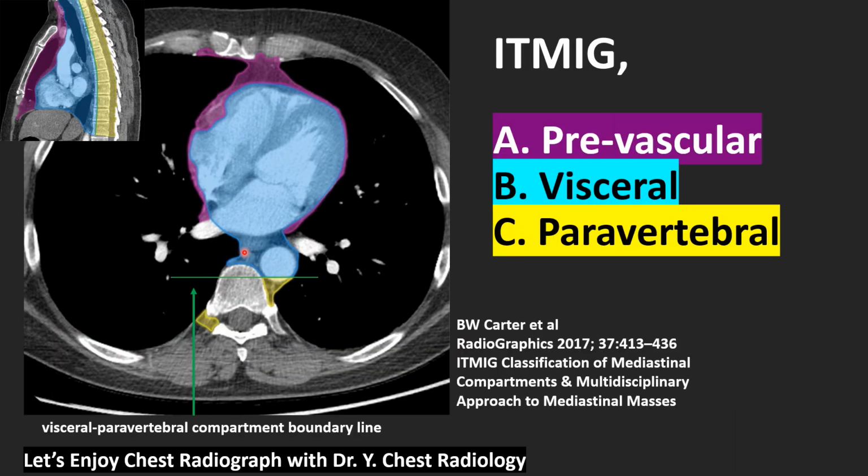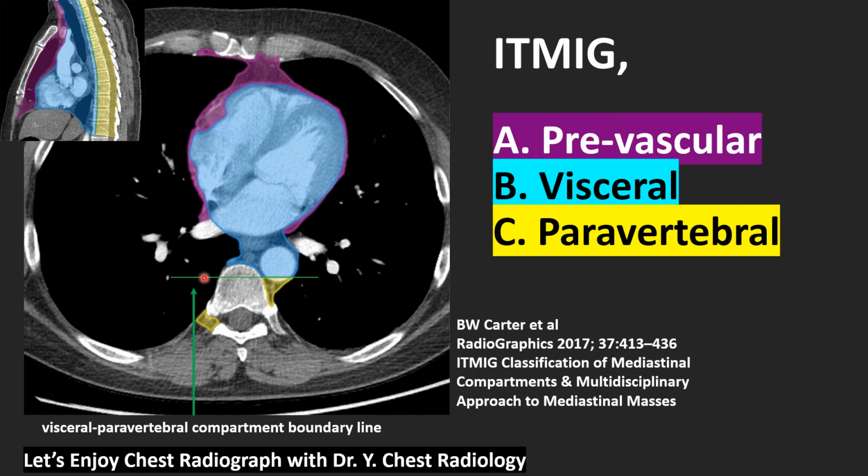Let's look at this axial CT image. This burgundy color, just anterior to the pericardium and wrapped around the pericardium, is the prevascular space, prevascular compartment. The other, until 1 centimeter posterior to the anterior margin of the vertebral body, is the visceral compartment, previously middle mediastinum.